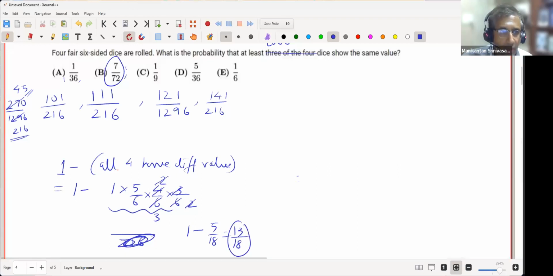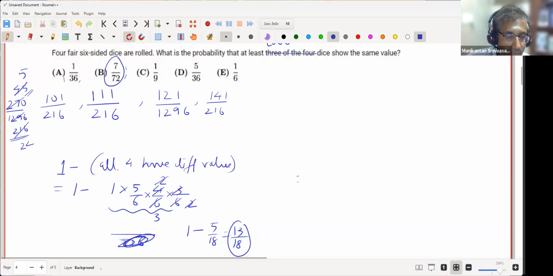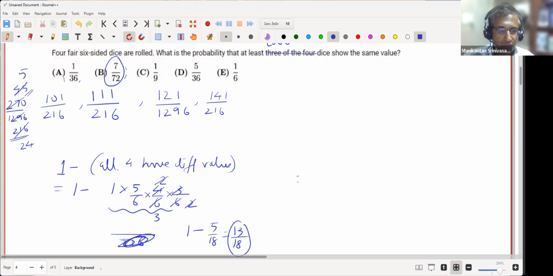Okay, does it make sense? Does it simplify further? Another 3 can go, 9 can go, in fact. Why am I struggling with subtraction, division? 13 by 18 makes sense, guys? The approach makes sense?